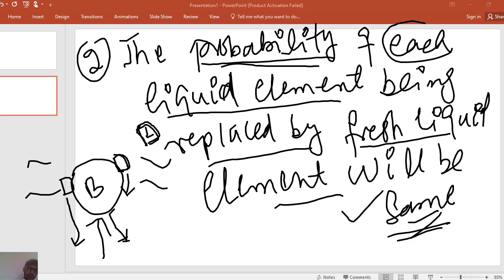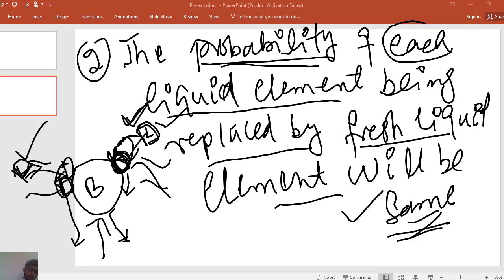This is the fresh liquid element, and the probability of this liquid element being replaced by this fresh element will be the same. This is the second assumption of the surface renewal theory.